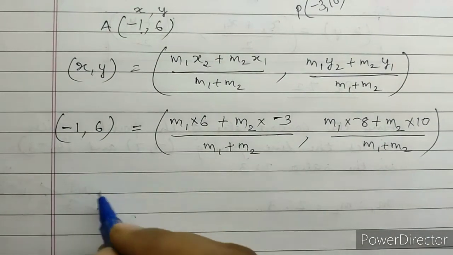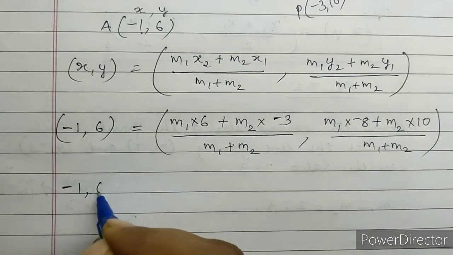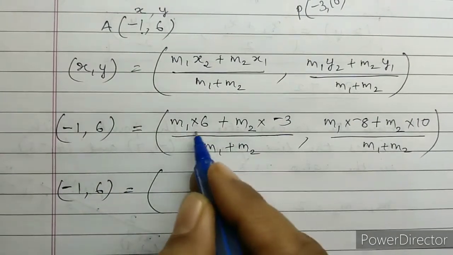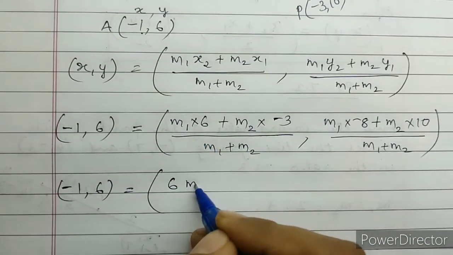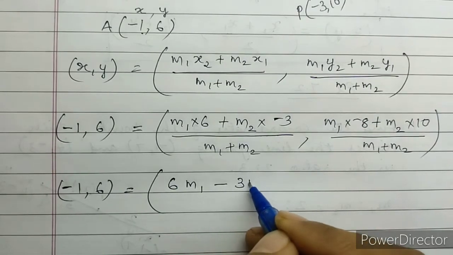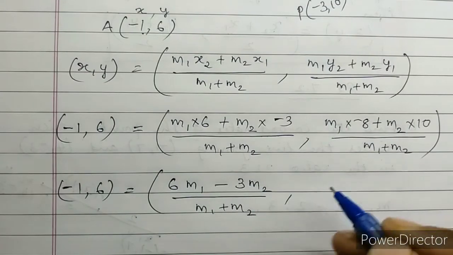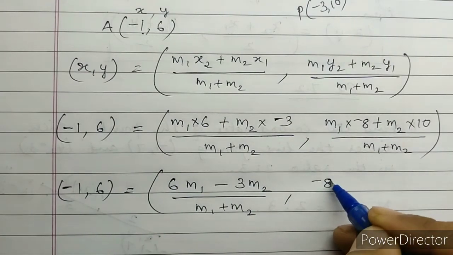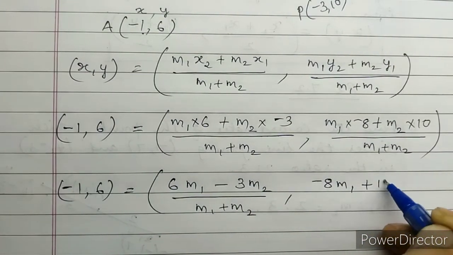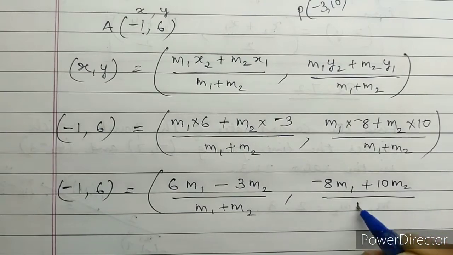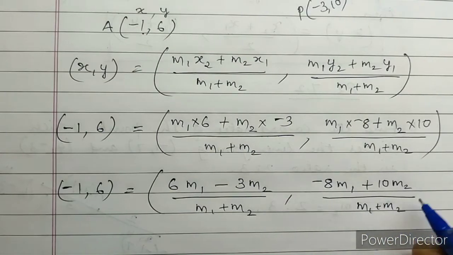So that is minus 1, 6 equals, just simplify, (6 m1 minus 3 m2) by (m1 plus m2), comma, (minus 8 m1 plus 10 m2) divided by (m1 plus m2).